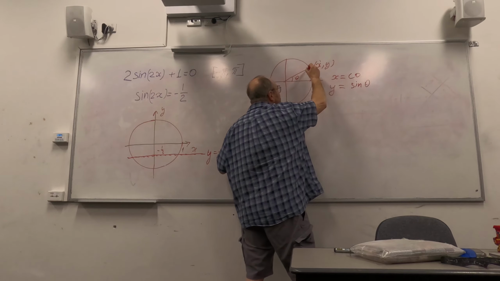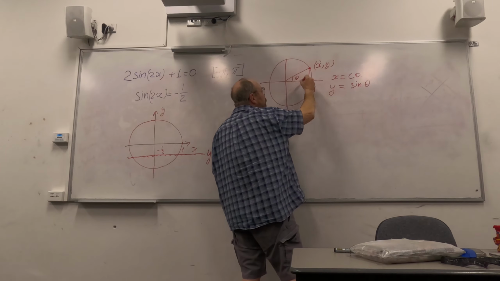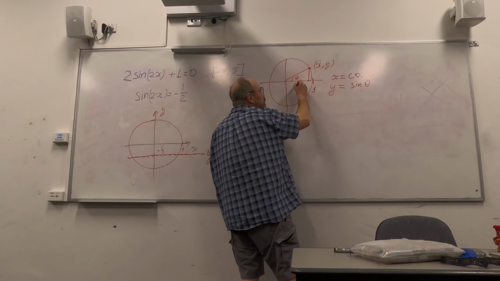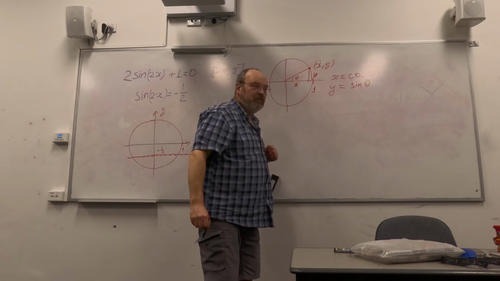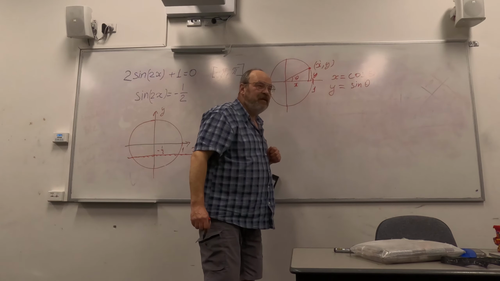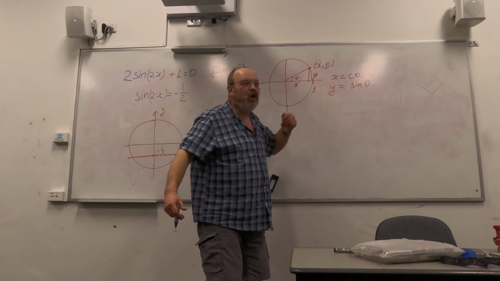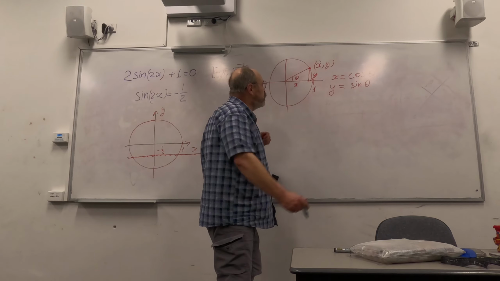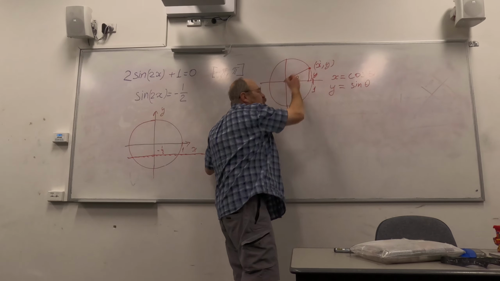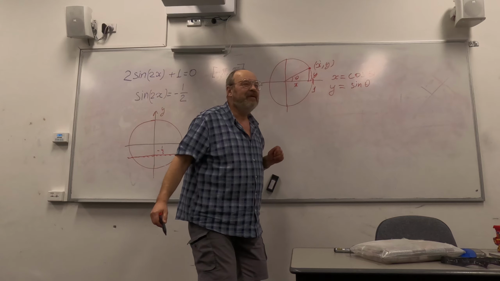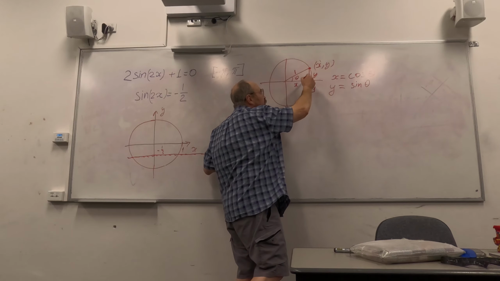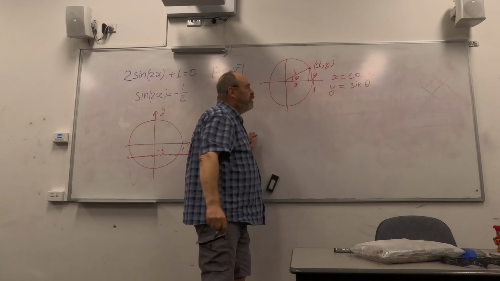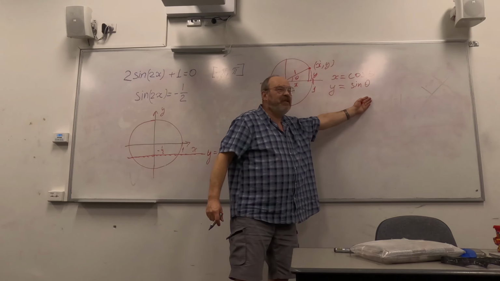Why is that? If you look at this right angle triangle, this side is x, this side is the y coordinate. SOHCAHTOA: sine is opposite over hypotenuse. Opposite is y, and the hypotenuse is 1, because the radius is 1. So sine is y over 1, so y equals sine theta.